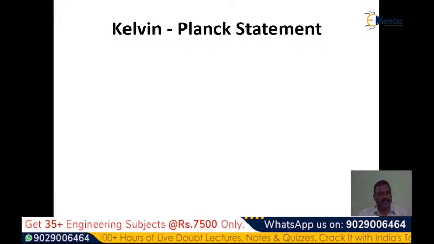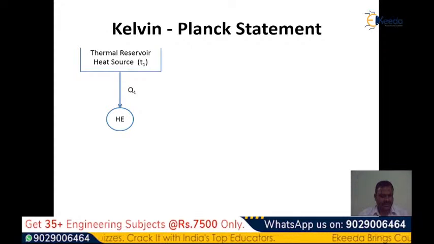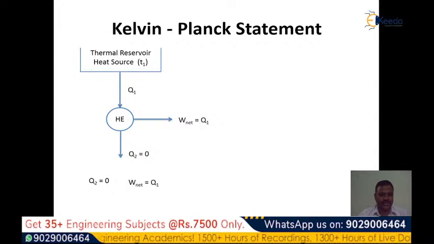It is impossible to construct a heat engine that receives Q1 amount of heat from a heat source and converts that heat completely into work without rejecting heat to a heat sink. It is impossible. Here Q2 is 0. The net work output from this heat engine is equal to Q1, and then efficiency is 1 or 100%. So this is impossible.